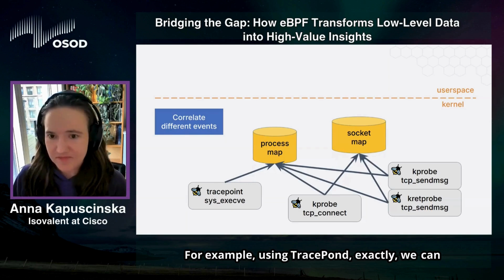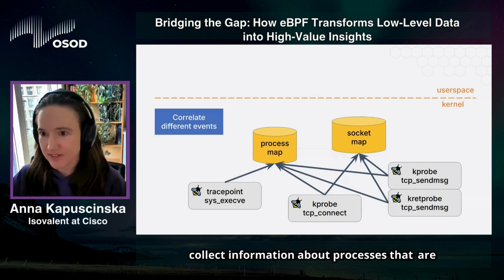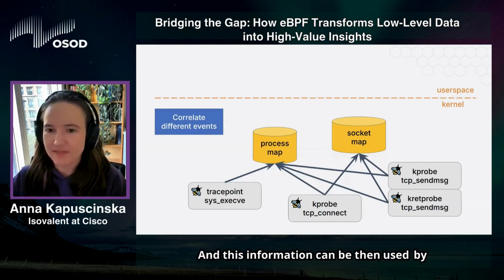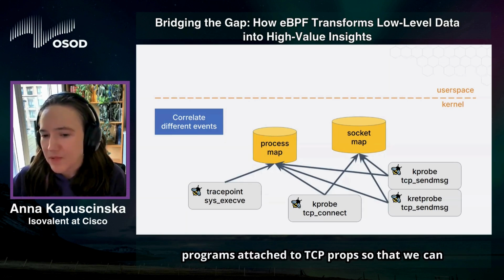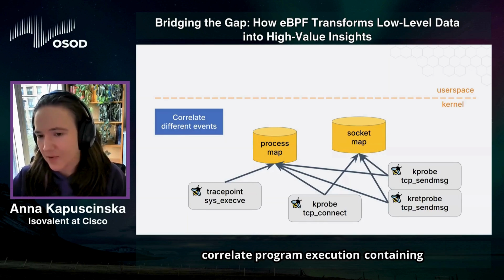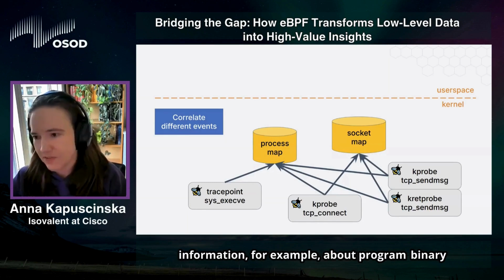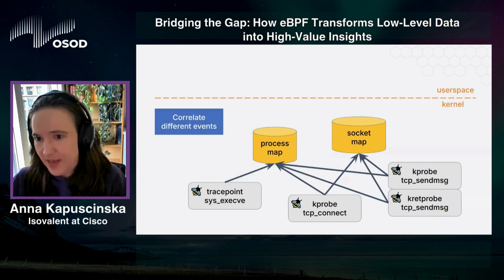For example, using tracepoint execv, we can collect information about processes that are executed in the system. And this information can then be used by programs attached to TCP kprobes so that we can correlate program execution, containing information, for example, about the program binary and arguments, with TCP connections and TCP messages being sent.